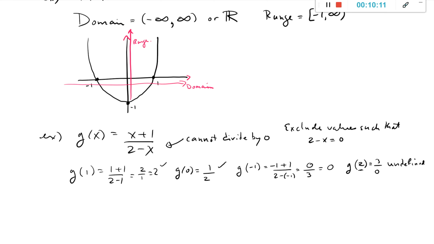We cannot have this. In this case, there's just one solution, but depending how complex your denominator is, you may have more than one value of x to eliminate. So the domain of g would be, or you could just put domain here, it's pretty clear. Domain is anything but 2.